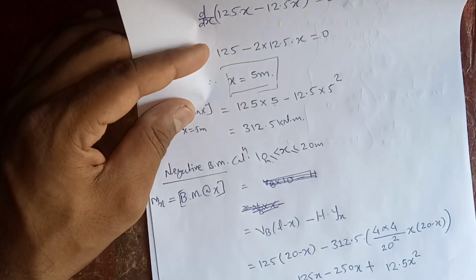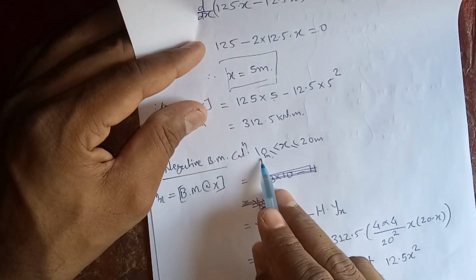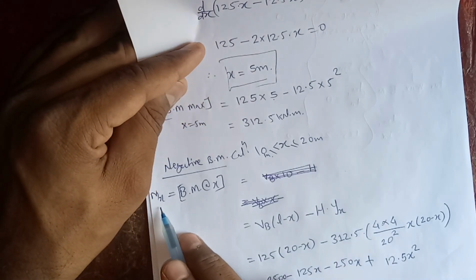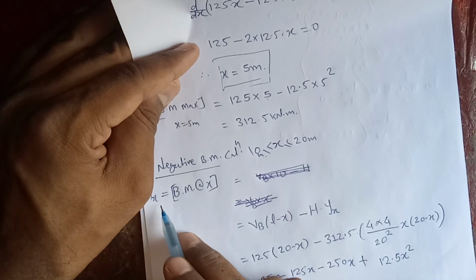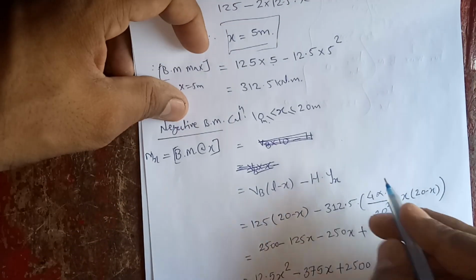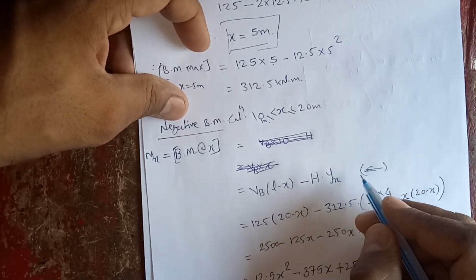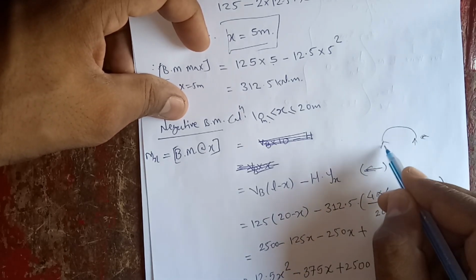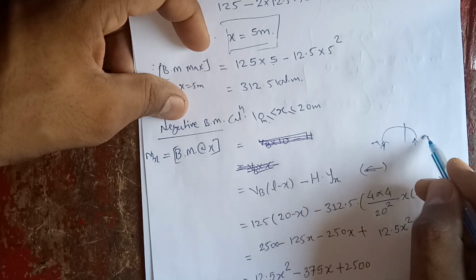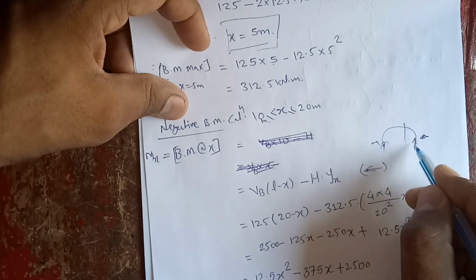Now we'll calculate negative bending moment, and it will be from 10 meter to 20 meter. So the bending moment at any distance x, we can calculate from right to left. Calculating from right to left, the moment will be due to this horizontal thrust and this vertical reaction.